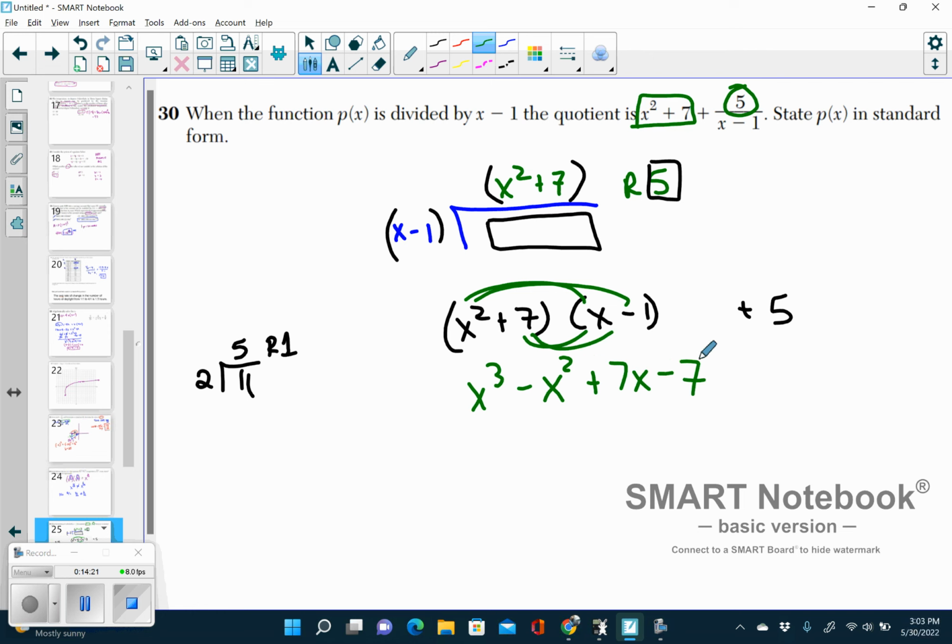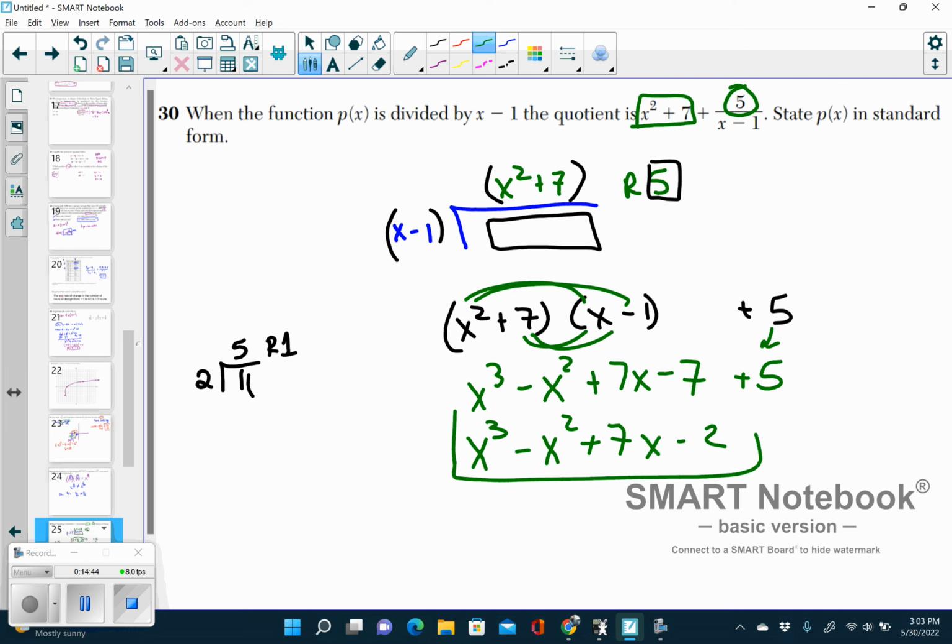And I have to add 5 to it to just bring this down. And so now I'm going to combine like terms. So I have x to the third minus x squared plus 7x. And negative 7 plus 5 is negative 2. And this is what p of x would be. So p of x in standard form, and boom, there's standard form.